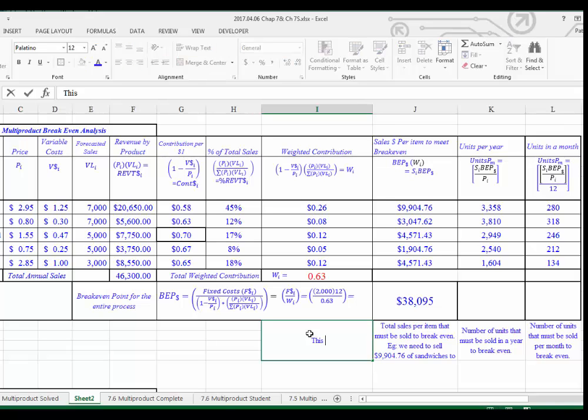So this tells us the WI tells us the weighted contribution per item per dollar, considering total sales and contribution margin.